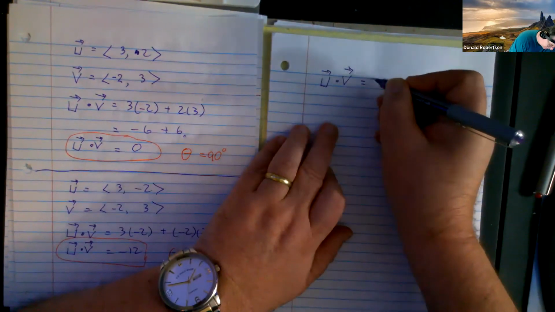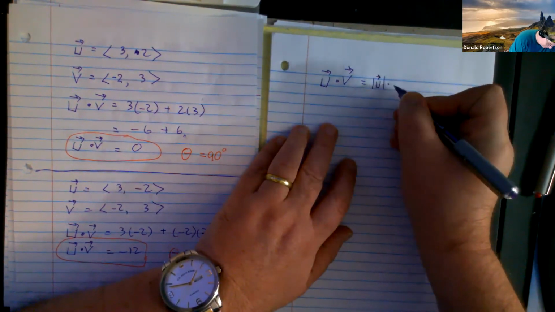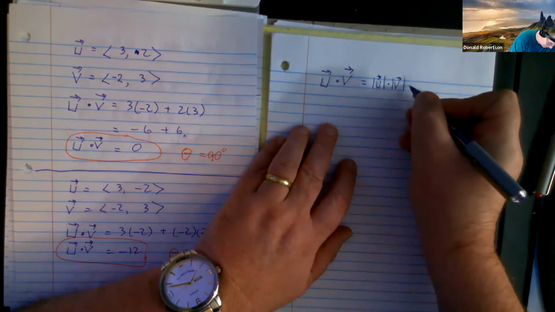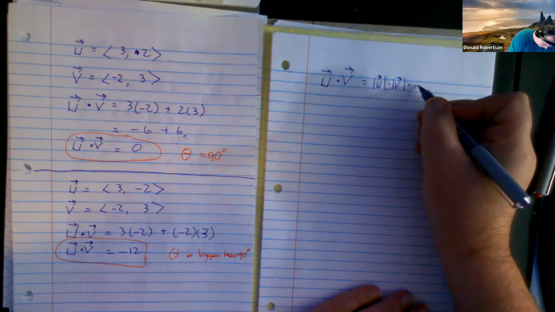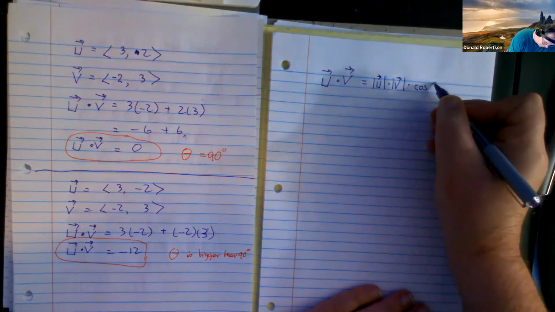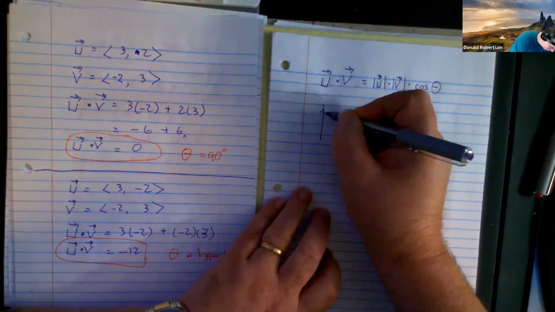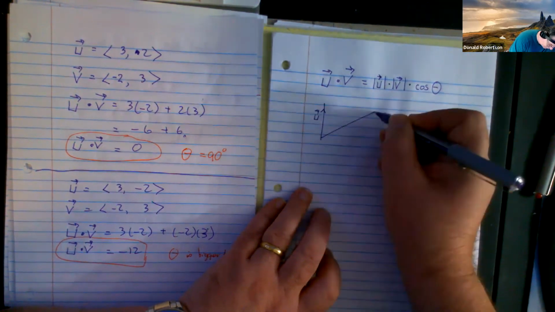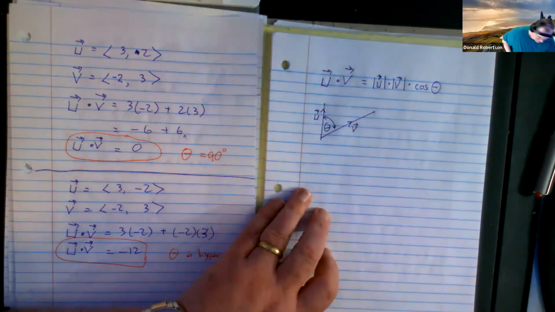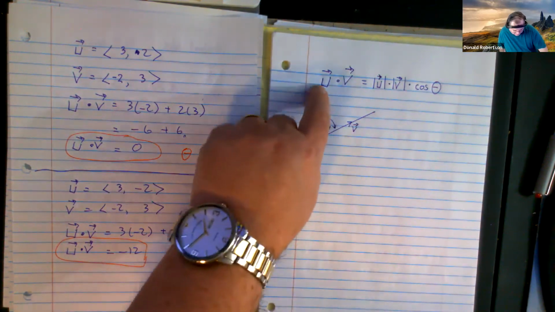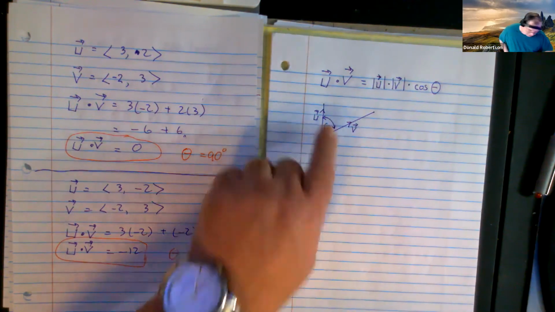You can find it by taking the magnitude of vector U times the magnitude of vector V times the cosine of the angle between them. So if I give you a vector U and another vector V, and the angle between them is theta, the dot product will be the length of U times the length of V times the cosine of the angle in between.